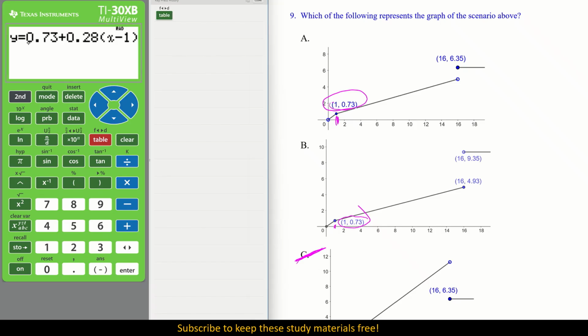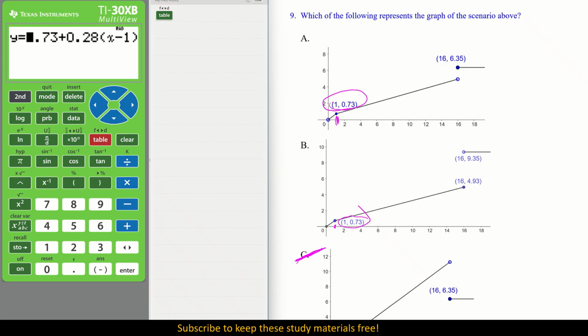I already have it typed in. We had the first ounce plus 28 cents. The first ounce was 73 cents, then plus the 28 cents, but it would be times all the values minus 1, minus the first section, minus the 1.